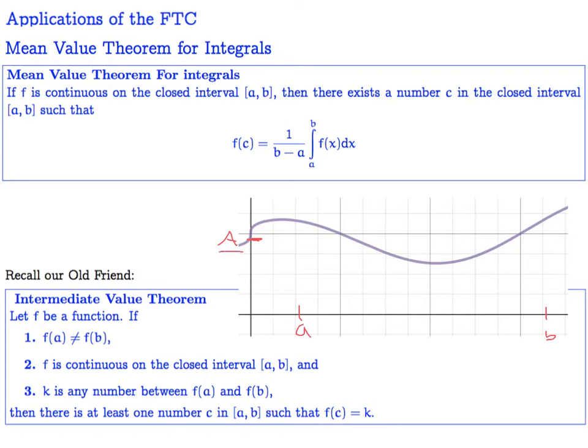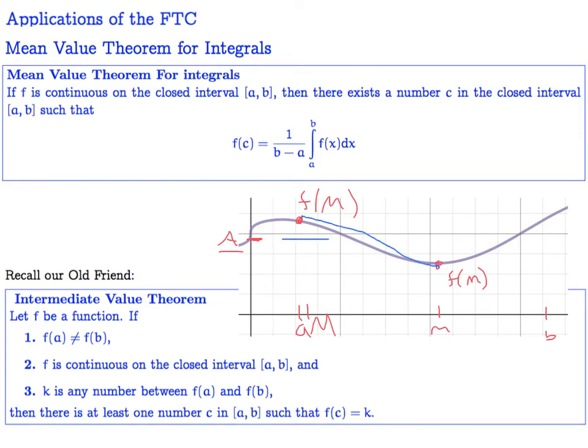The reason we're going to get the average value is because the average value has to occur somewhere between a place where f achieves its minimum value and where the function achieves its maximum value. And so by the intermediate value theorem, since this function is continuous, it has to hit every single value in between its minimum and its maximum.